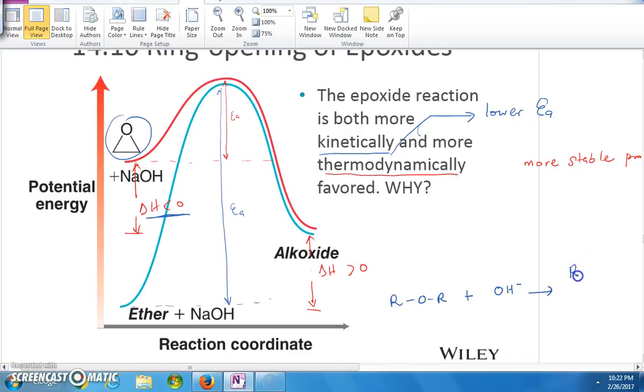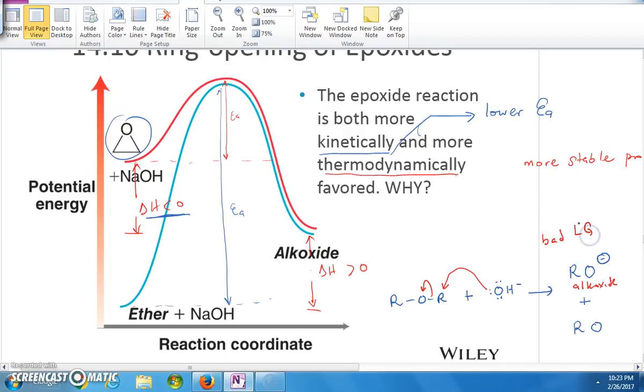Even though you get your alkoxide and the formation of the alcohol, if the attack occurs like this, then you get the alkoxide, which is a bad leaving group.